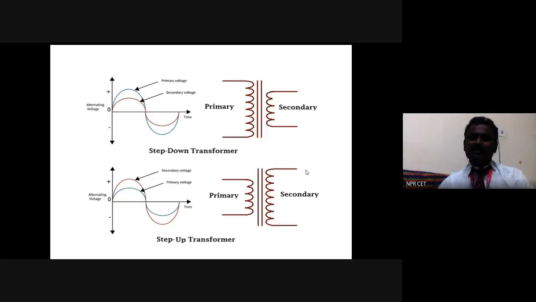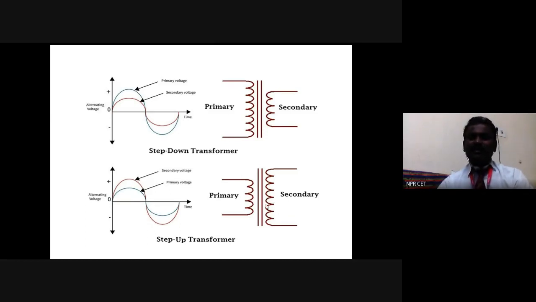This is the step up transformer, used in transmission lines for reducing transmission line losses. Why reduce the losses? Transmission lines travel very long distances. As distance increases, resistance also increases, so power loss can occur in the transmission line.